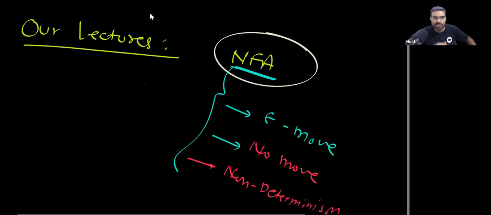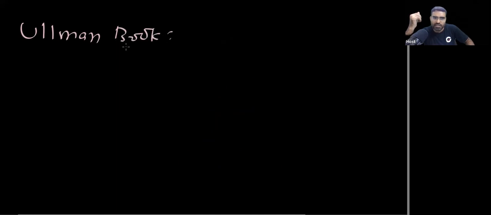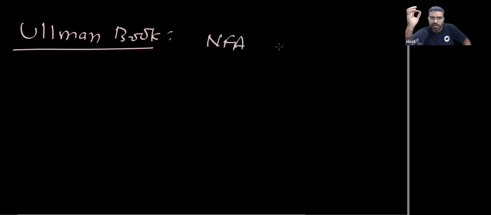But let me tell you, there are some authors, for example the most popular author, Ullmann. If you study the Ullmann book, you will find that it has two types of NFAs: NFA and epsilon NFA.